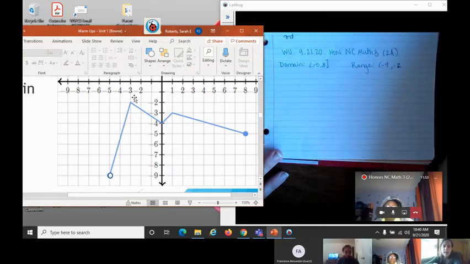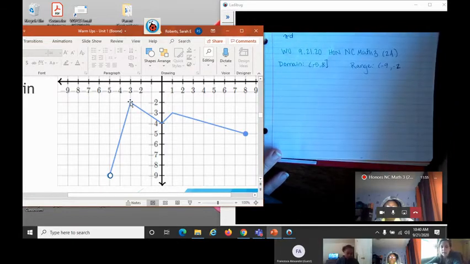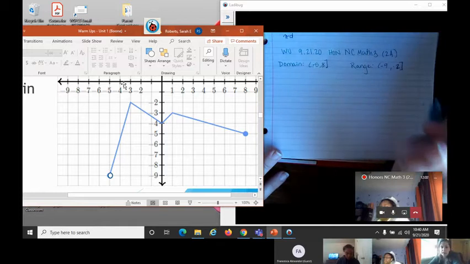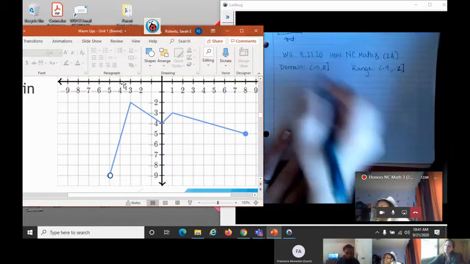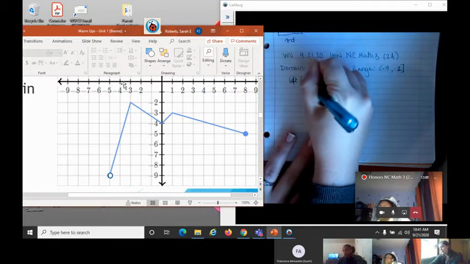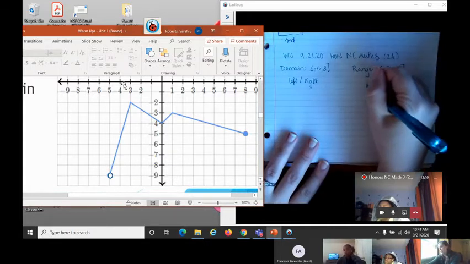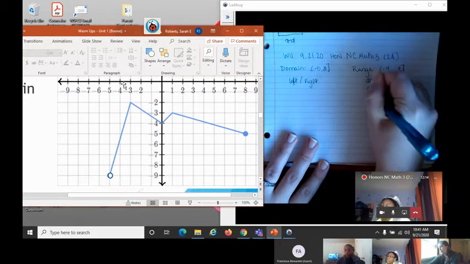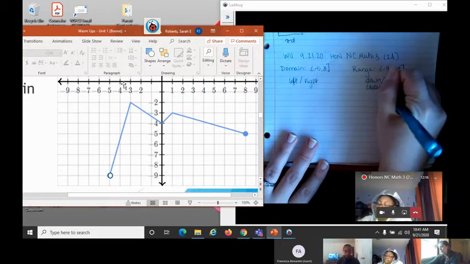So it doesn't have an open circle, right? Oh, it's gonna be a bracket. Yeah, so it's like a square bracket. Good job. Okay, so remember domain is left to right. Range goes from the lowest point to up, or lowest to highest.